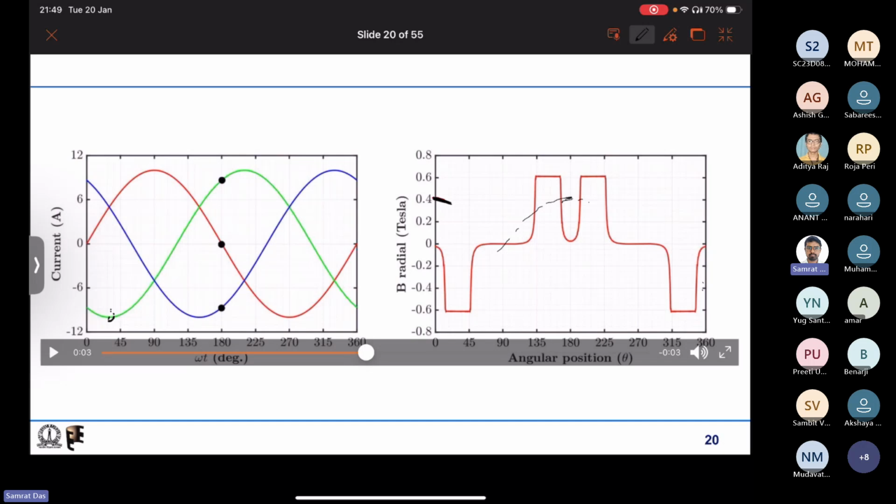So the B distribution, the fundamental of that, has also moved, the peak has also moved by 180 degrees. You can see that this is 180 degrees.